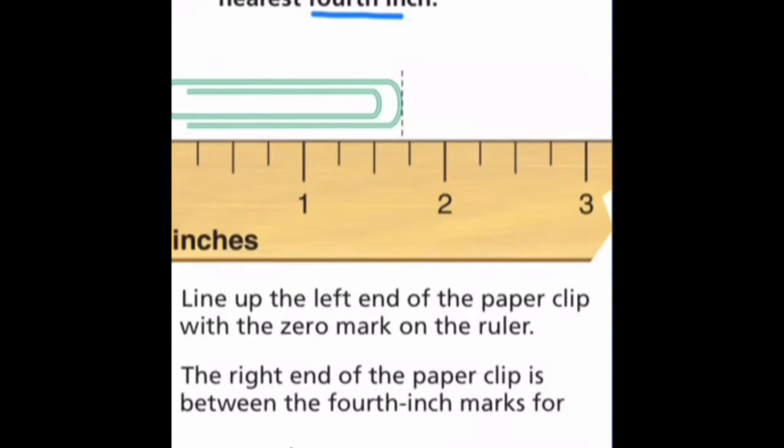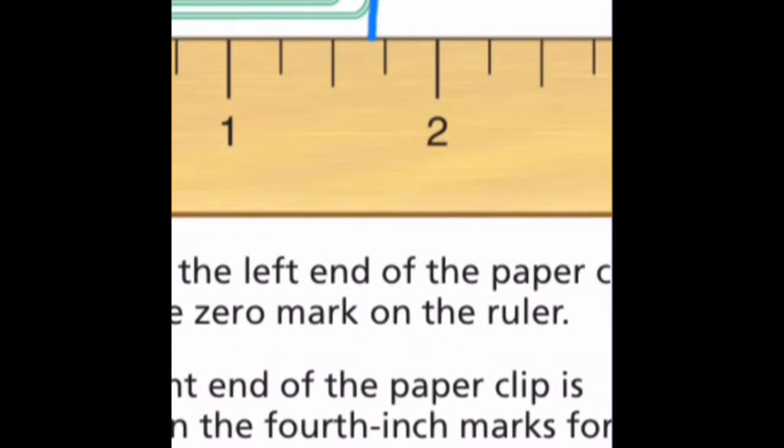Now here we're going to measure to the nearest fourth inch. We have our paper clip, we line it up on the left, and it stops right here. Here we look at these marks: 1, 1.25, 1 2/4, 1 3/4, and then 2. It's closest to that one right there.